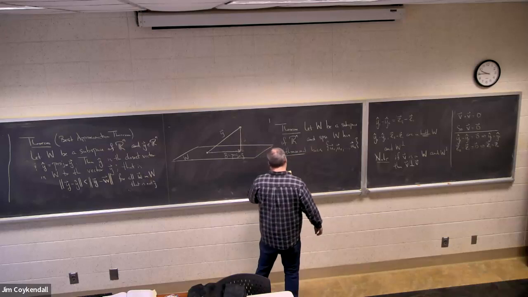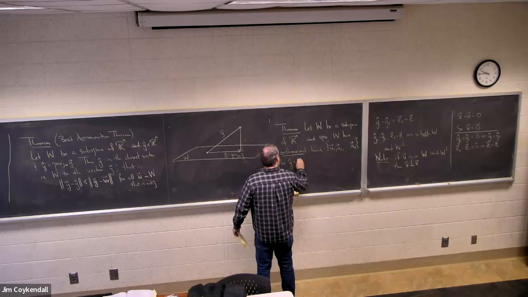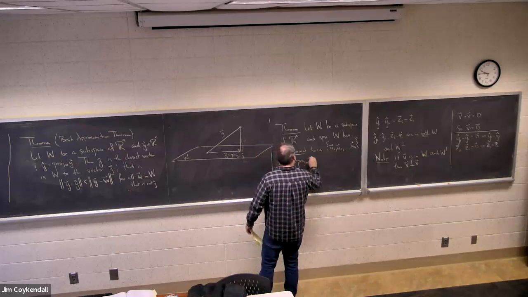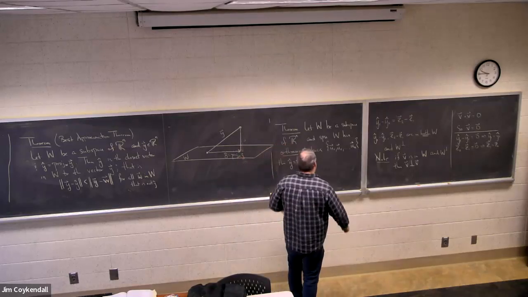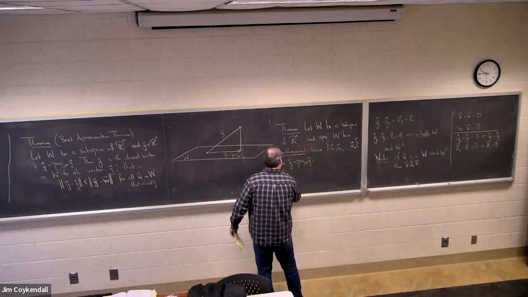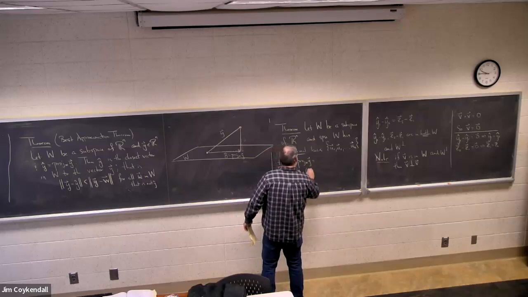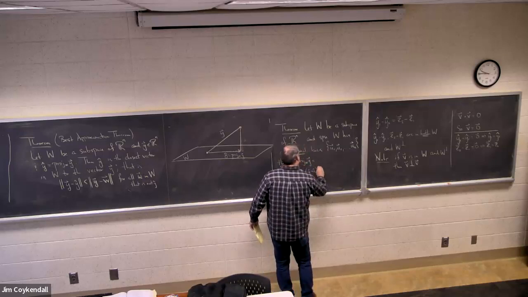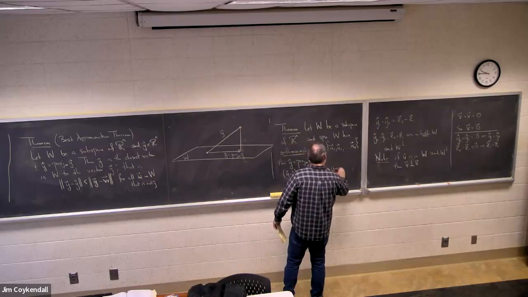Then this y hat we've been talking about looks like this: Y dotted with U1, times U1, plus Y dotted with U2, times U2, up to Y dotted with UK, times UK.